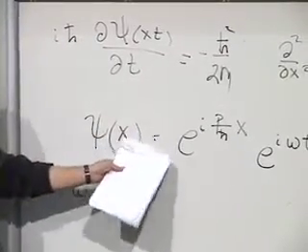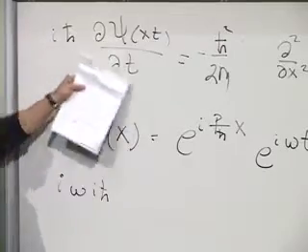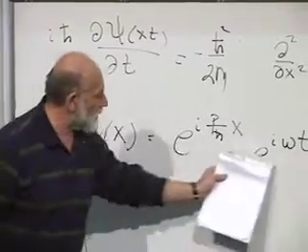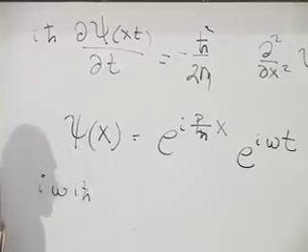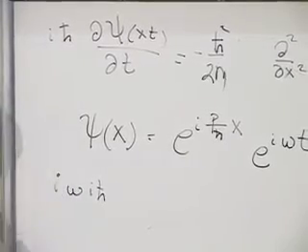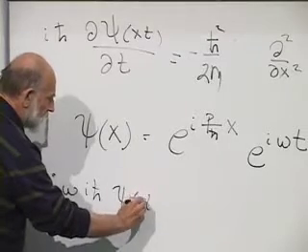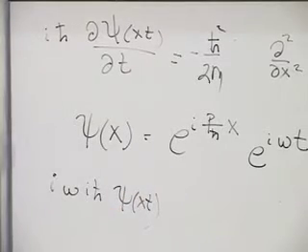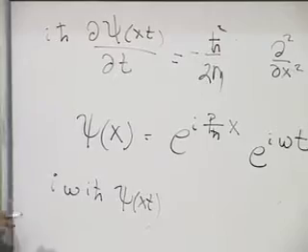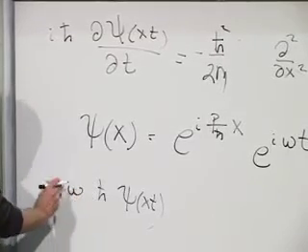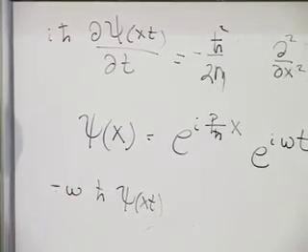When I differentiate with respect to time, it'll give me back the same thing except with an i omega in front of it. So that's just psi of x and t. i omega times i h bar, that's just minus h bar omega.